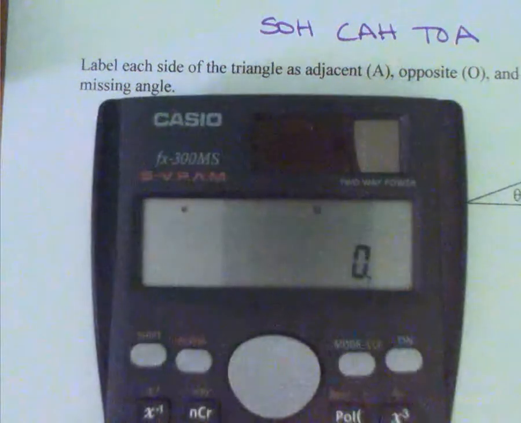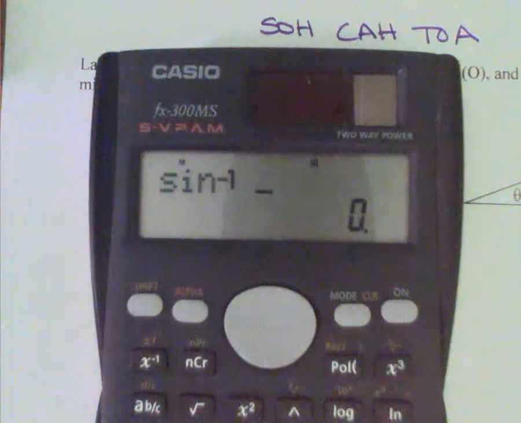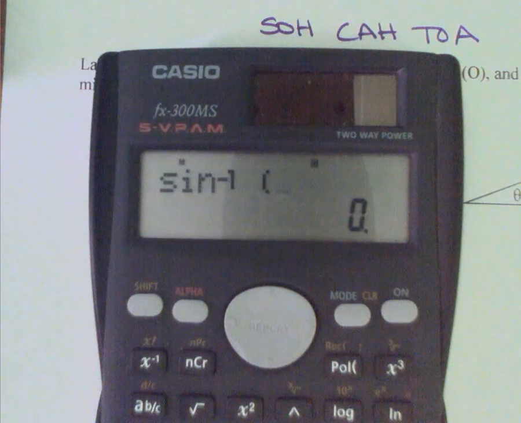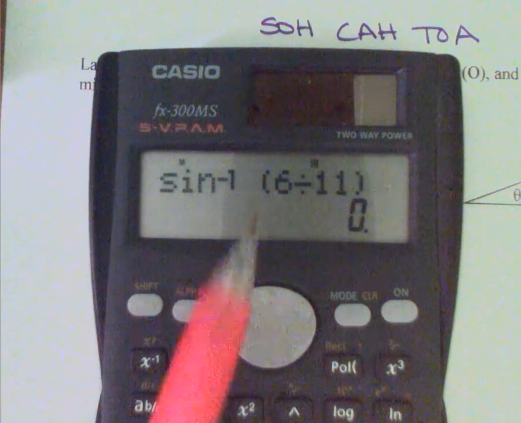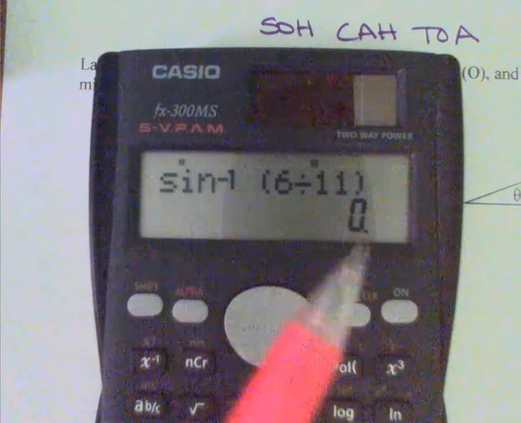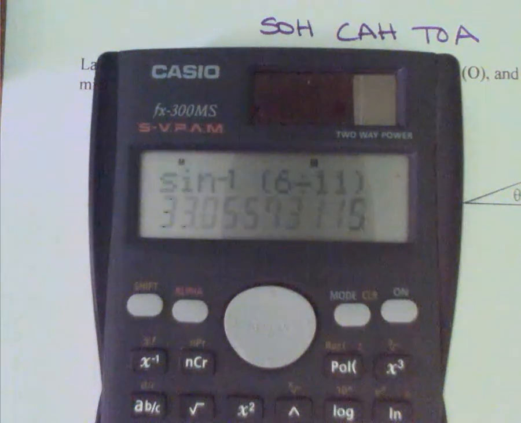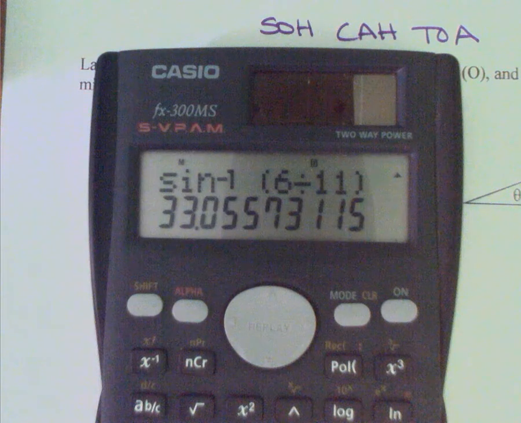If I grab my calculator, I'm going to find sine inverse. I'm going to do bracket, and I want to do 6 divided by 11. I can put 6 divided by 11 right into my calculator as is, and then I close the bracket and hit equal. It gives me the angle that relates those two side lengths.